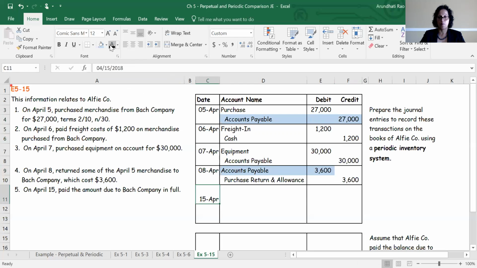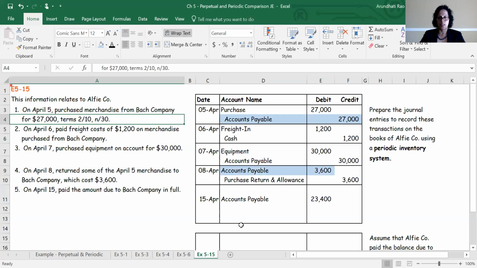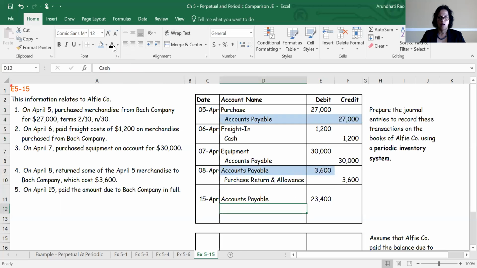So I'm making my payment. On April 15th, I'm going to do my journal entry. Accounts payable is going to be debited. And the amount I know is $23,400. That's $27,000 minus $3,600. This entire amount was not paid because it was paid within 10 days. I'm getting a 2% discount. So cash payment is going to be 98% of this amount.